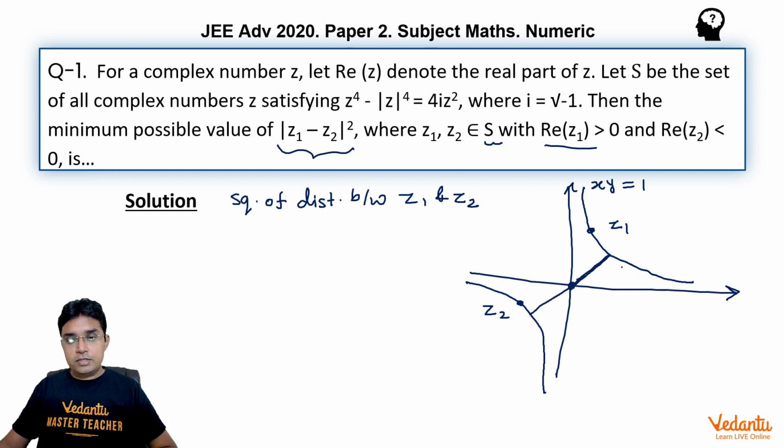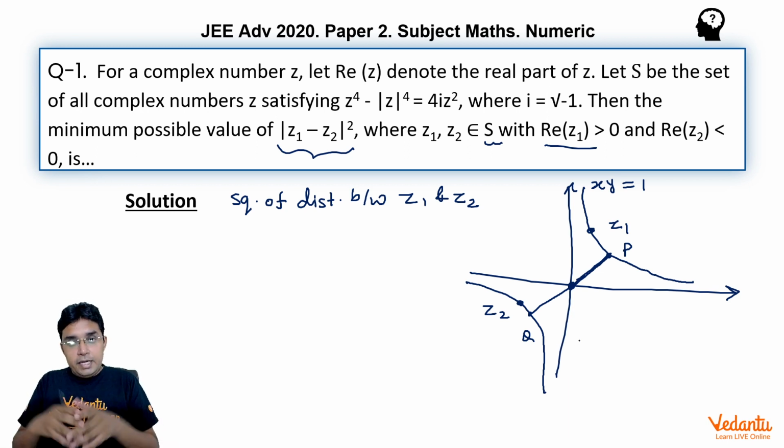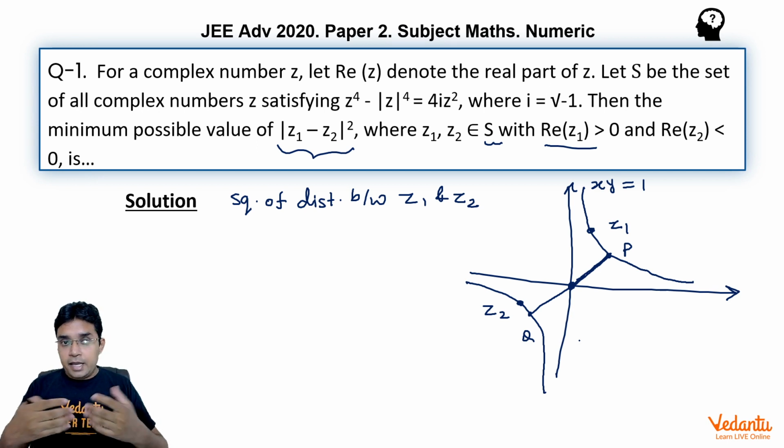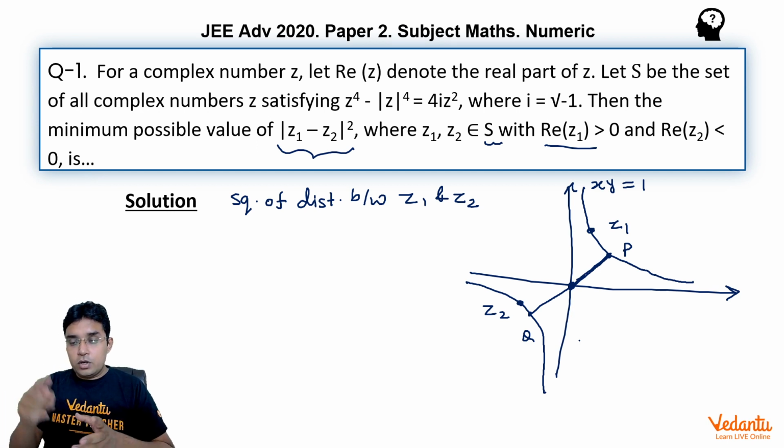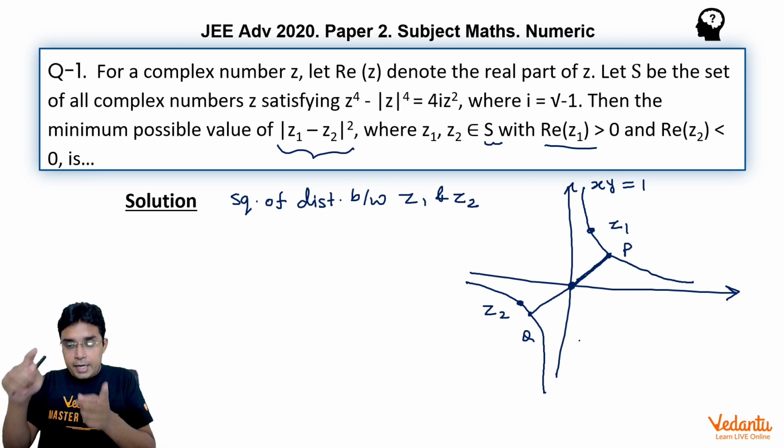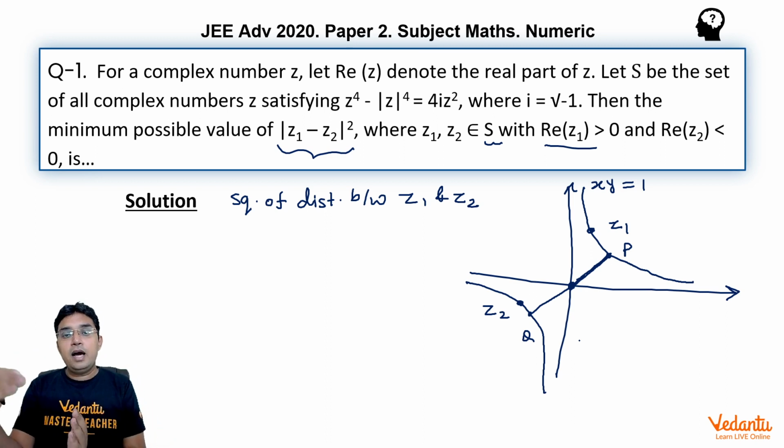So wherever this line will meet this rectangular hyperbola, let us say P in first quadrant and let us say Q in the third quadrant, then this PQ itself should be the minimum possible distance. I think it can be visualized easily because these two branches of rectangular hyperbola are symmetrical about origin.